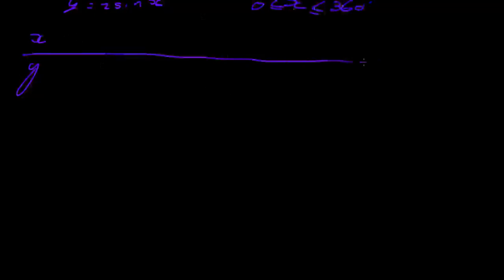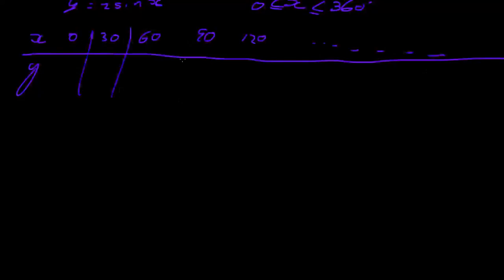For x between 0 and 360 degrees, we make our nice table: x is 0, 30, because they said intervals of 30, 60, 90, 120, and so on. Then we can calculate our y values and put them here, and then we can draw our graph.